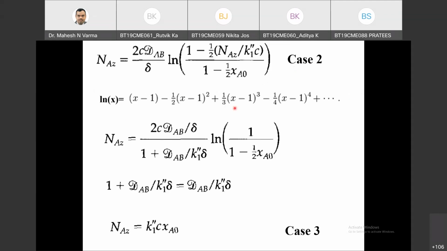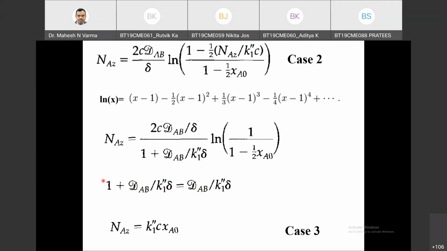Now this is case number 3. After expanding and rearranging, I will get this equation. If K1 double dash is small as compared to DAB, so DAB is large. DAB large means 1 plus DAB over K1 double dash delta will be equal to DAB over K1 double dash delta.